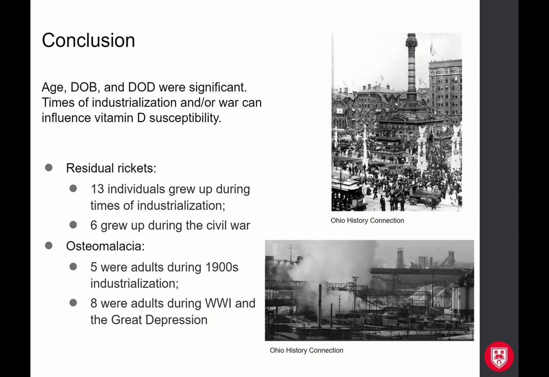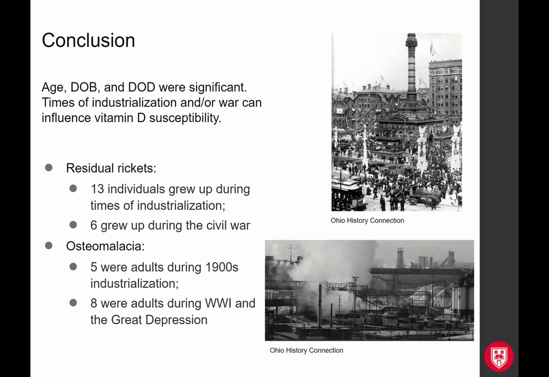So my last little conclusion, we know that age, date of birth, and date of death were statistically significant. And when I break those down into certain time periods of date of birth, decade, date of death, decade, Cleveland and Santa Clara, California were both going through industrialization or wartime. When I look at my individuals with residual rickets, 13 of those individuals grew up during times of industrialization. 6 of those individuals grew up during the Civil War.